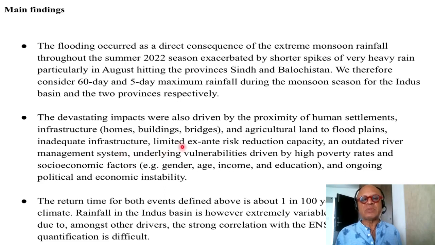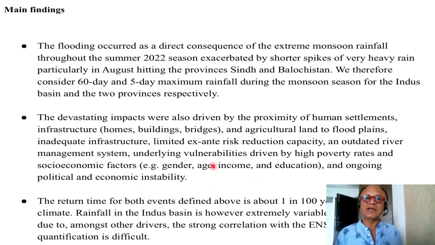Inadequate infrastructure played a role, limited ex-ante risk reduction capacity, so they haven't planned for adaptation and risk reduction to such eventualities. An outdated river management system, so dam operations are always a problem. Underlying vulnerabilities driven by high poverty rates and socioeconomic factors, for example, gender, age, income and education, and ongoing political and economic instability.